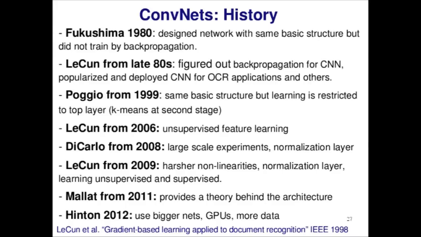And that inspired our work when we were in Yann LeCun's group. Basically, we found that normalization layers and better nonlinearities were very important to achieve very good results. At the time, we were working on supervised learning, so we could match the performance of state-of-the-art methods on smaller data sets like Caltech 101. And then all these layers and additions were explained from a theoretical perspective by Stéphane Mallat, who is a mathematician and has very interesting work on scattering networks, where all these layers make sense and have an explanation from the signal processing point of view.